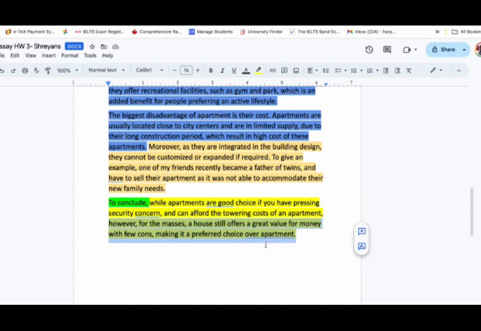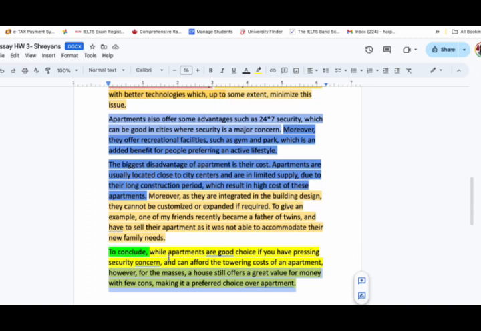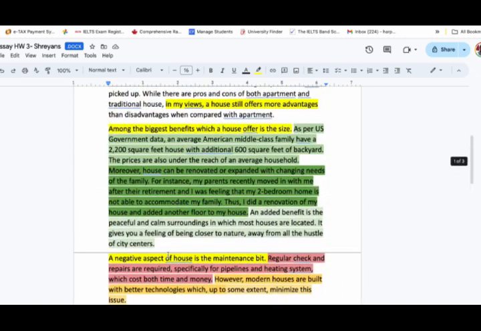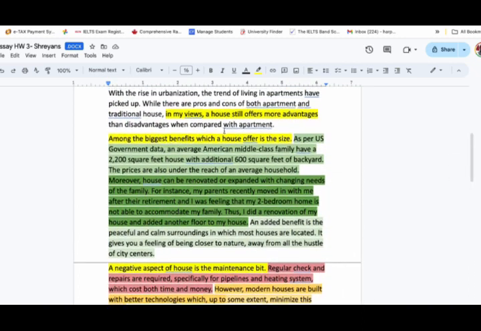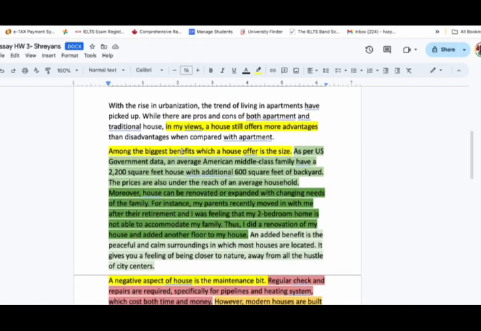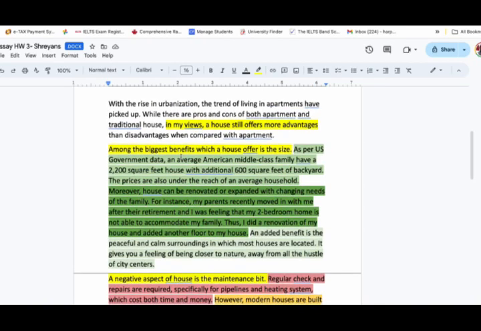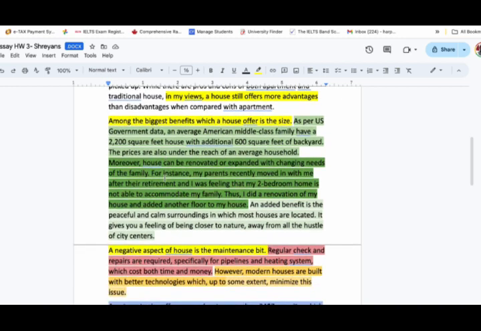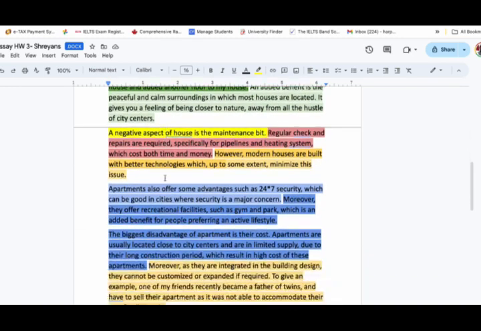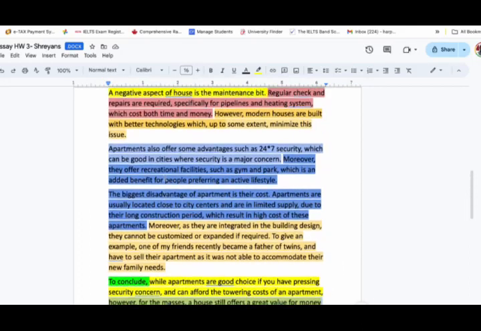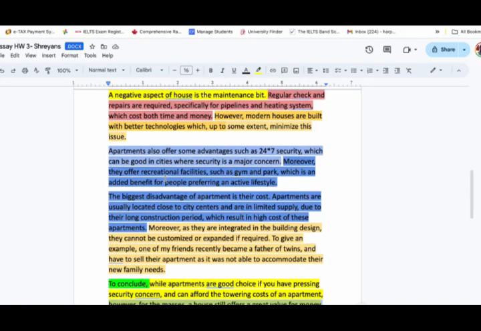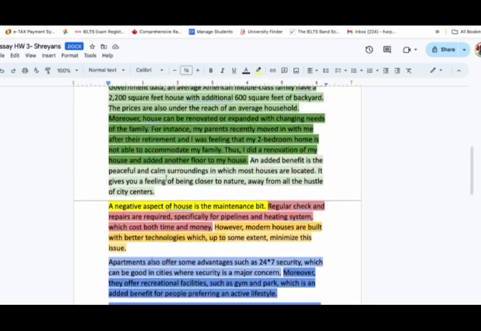I think this is a fine example of a conclusion. You can see the problems with the grammar over here, small things which may not impede the understanding, but yes, a lot of grammatical problems are there. All in all, I would say this essay can get you something around 6 to 6.5.